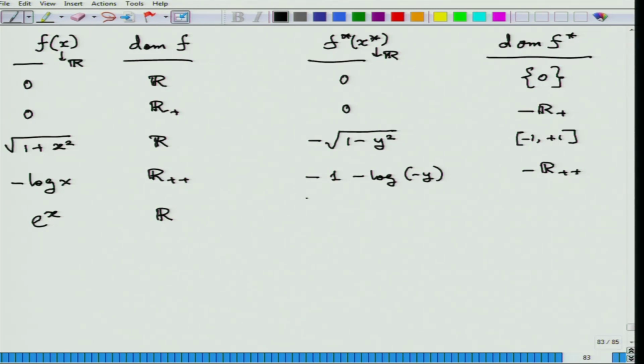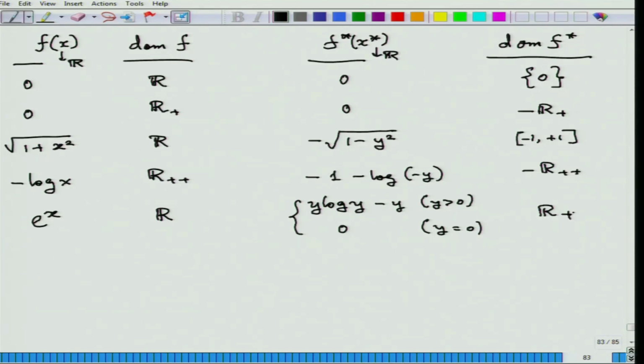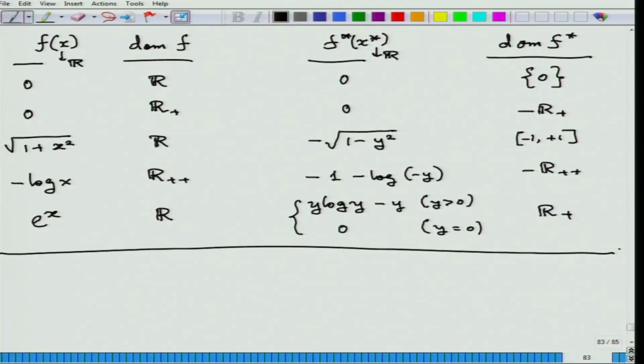I am listing these from this book, and of course, this is one of my own favorites. So, these are some examples, listed from the book Convex Analysis.